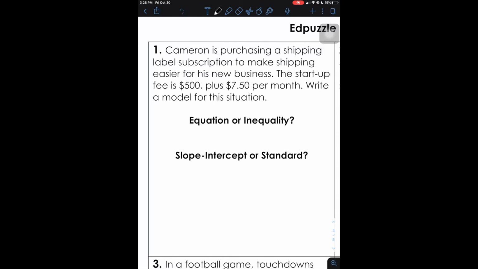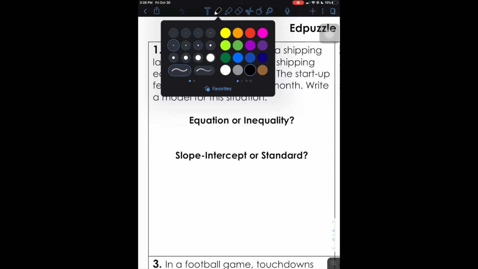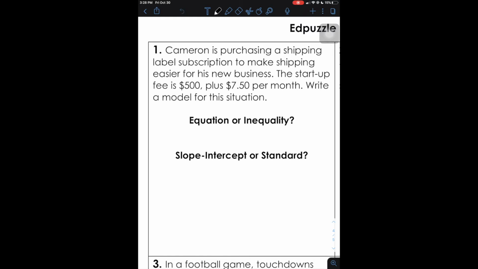Okay, so they're asking us, is it an equation or an inequality? We have some signal words that could help us figure that out. For an equation, the word may be like exactly. For an inequality, we may see less than or more than.